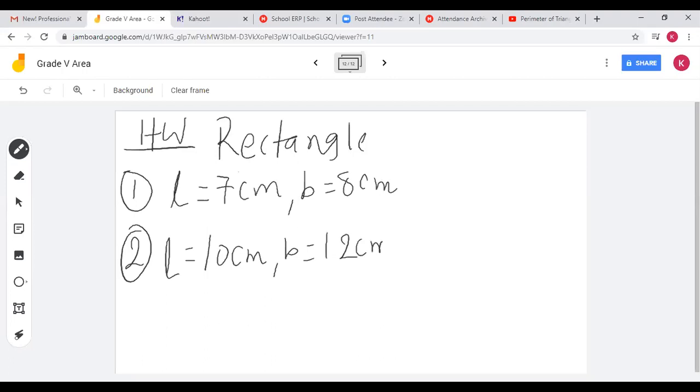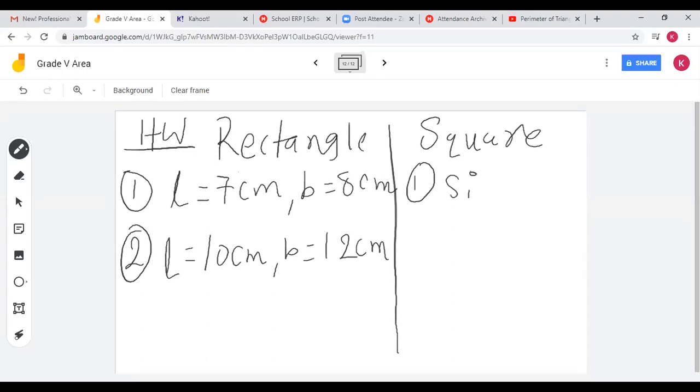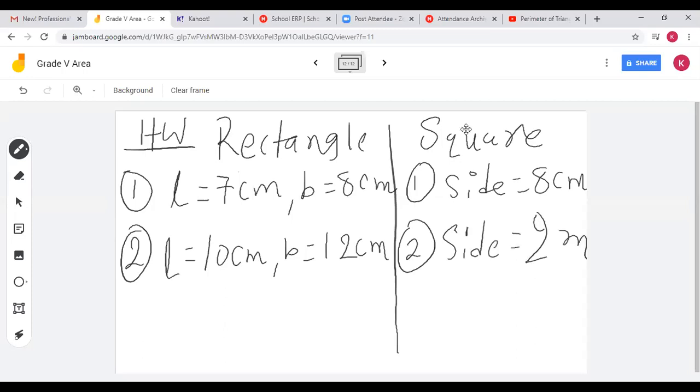And now for a square, one example where side is equal to 8 centimeter, and for number 2, side is equal to 2 meter. Okay, everyone?